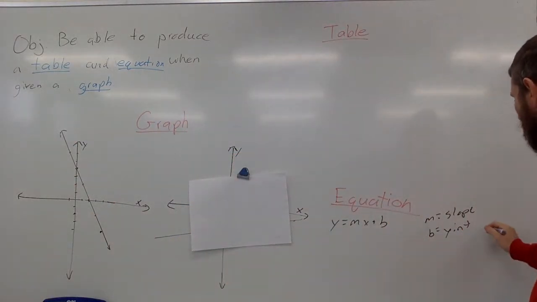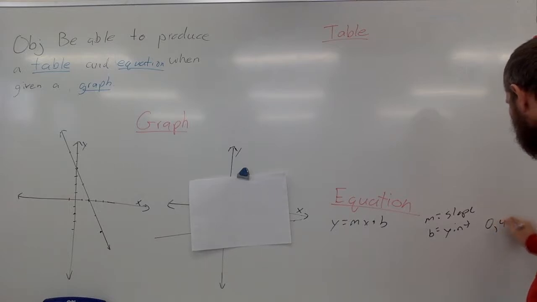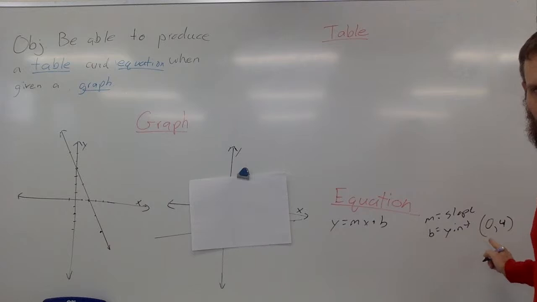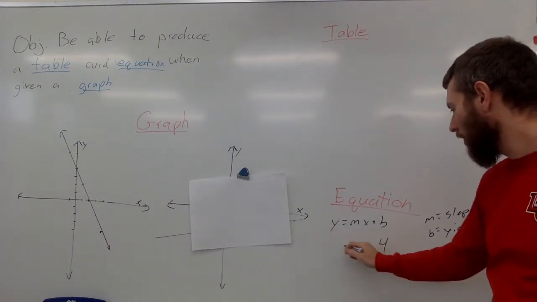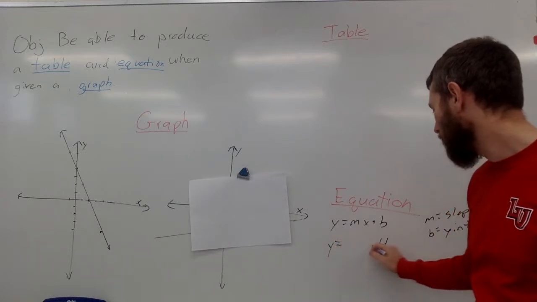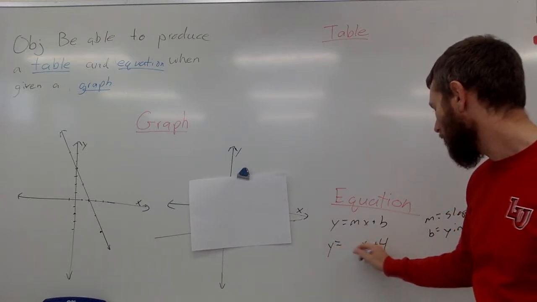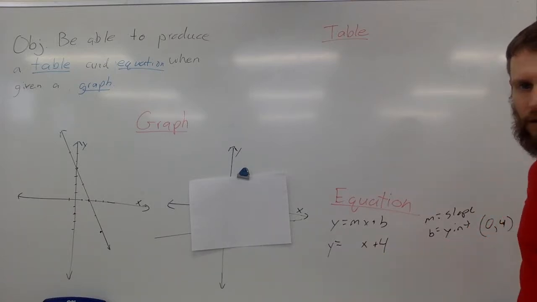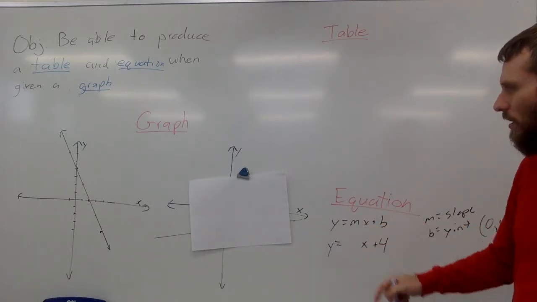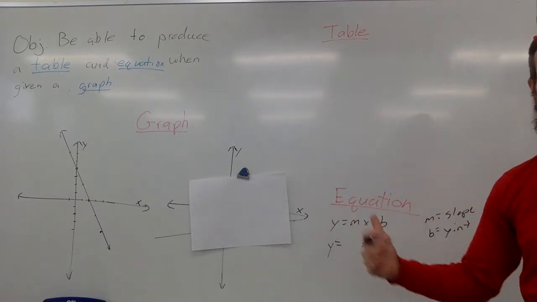So my b is 4. Of course, when I write the b, I don't need to write the 0, but the y-intercept is 4. I already have most of my equation done: y equals something x plus b, and I just found my b to be 4. Let's find what the slope is. Very easy to find that.